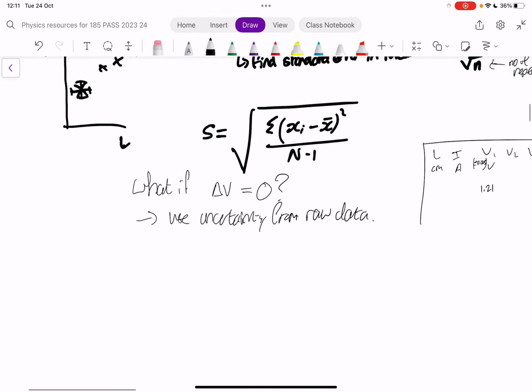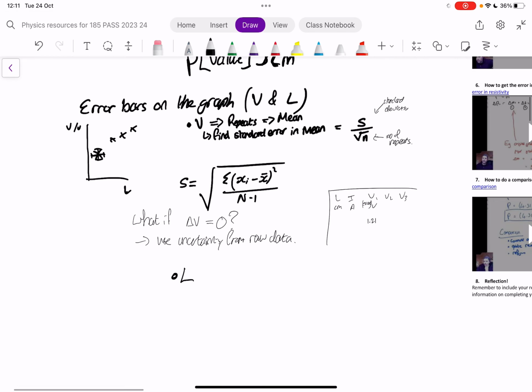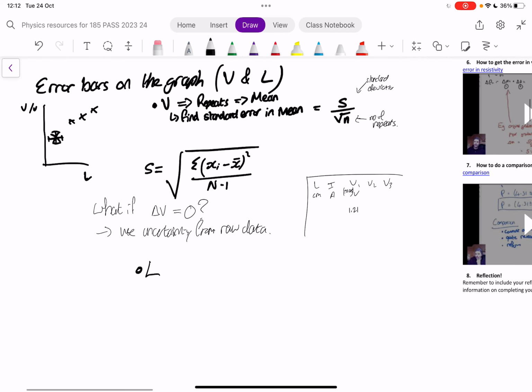Okay, so that's voltage. What about length? Uncertainty in length is a little bit easier because there's no repeat readings here. So all you've got to do is look at what the uncertainty in your raw data was. Again, if that's big enough to plot on the graph, given your scale, you must plot it. Don't get mixed up between units.